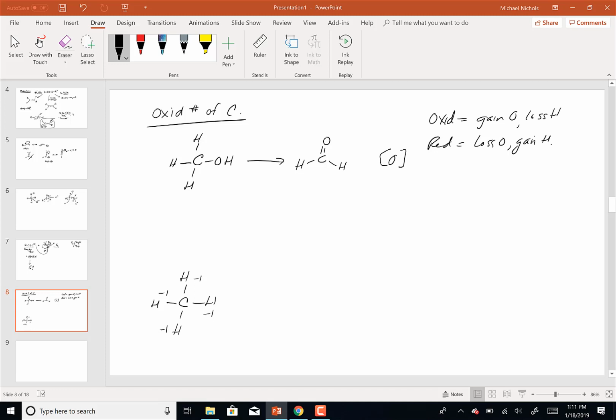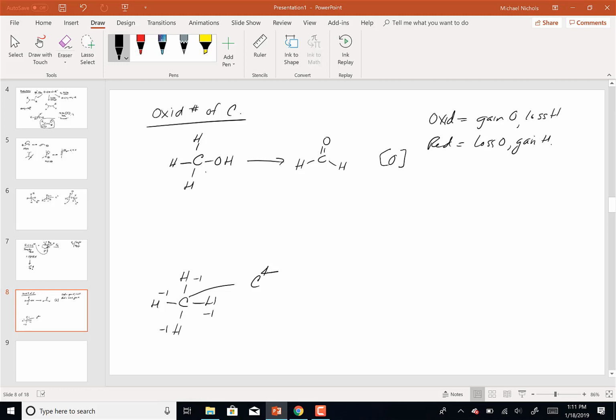So that means that of the 4 bonds, the oxidation state on that carbon is going to be -4. Because that's the way we do oxidation states in organic molecules. It's all or nothing. You either take the electron from the atom, give your electron to the atom, or you're tied and it's a wash. So for methane, oxidation is -4.